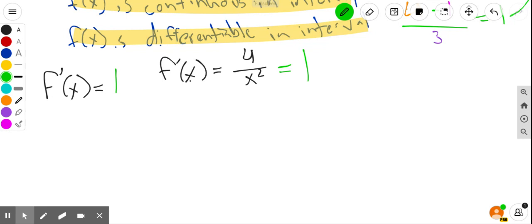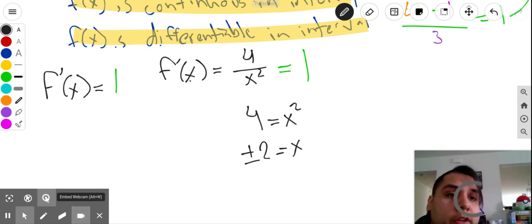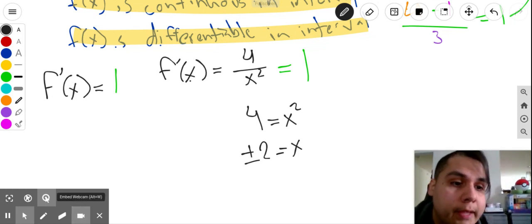I end up with 4 equals x squared, positive and negative 2 should equal x. So there are my answers, right? Because if I plug in a positive 2 and I plug in a negative 2 into my derivative, I should get my slope of 1.